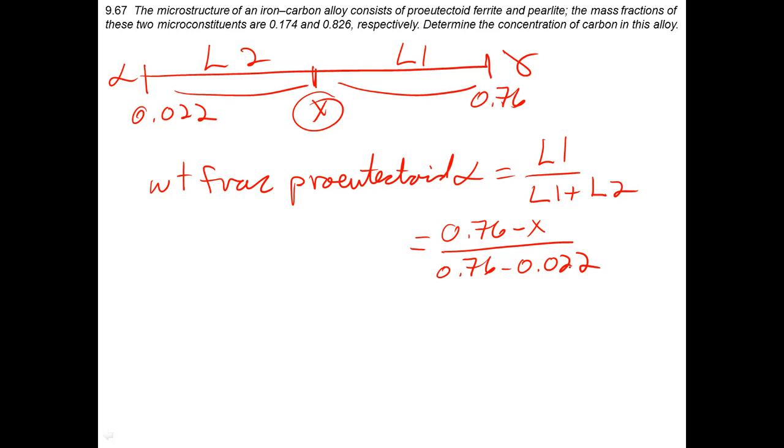But I'm given that the mass fraction of the proeutectoid ferrite is 0.174, so I can solve for x, the unknown system composition.